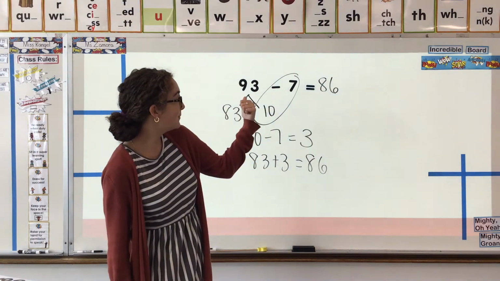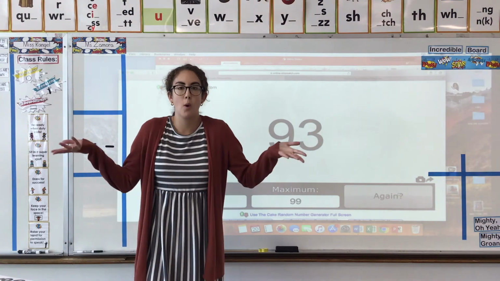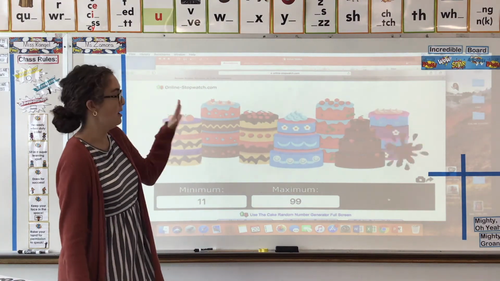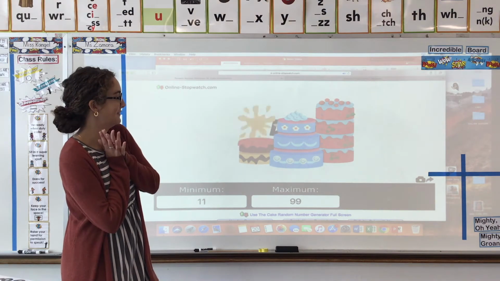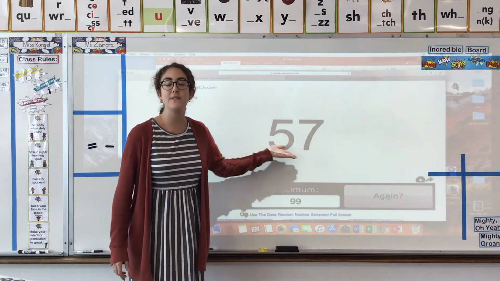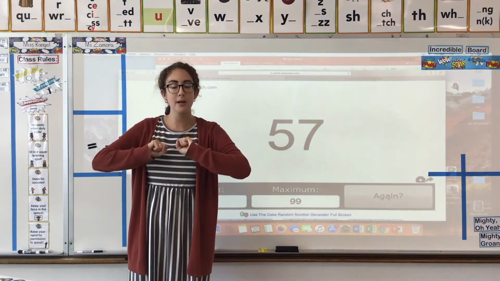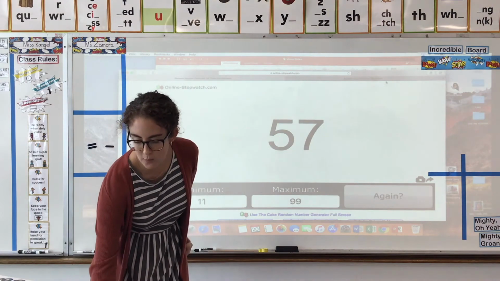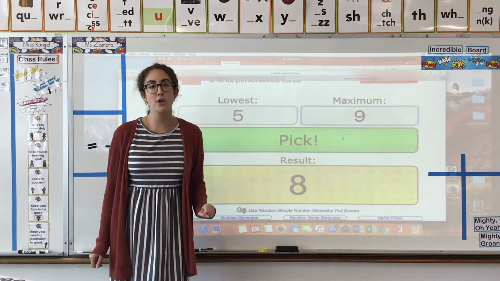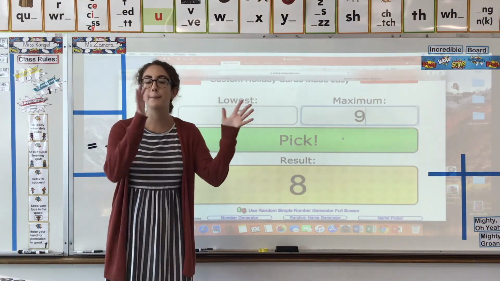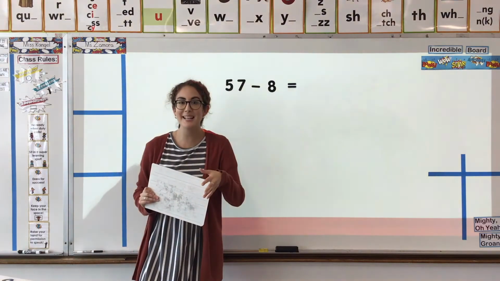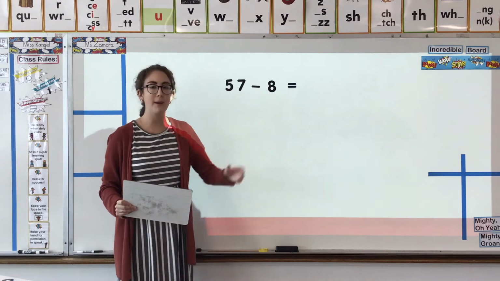Okay, here we go. Okay, we had 93. What's going to be our next number? Let's see. It is 57. 57 is going to be our starting number, and then we are going to take away minus 8.